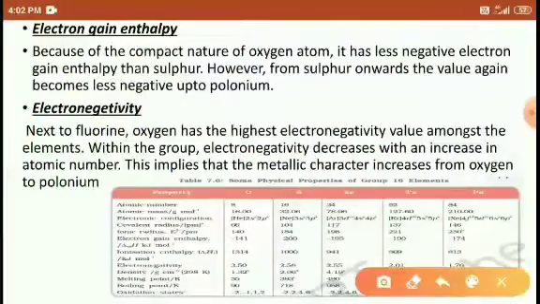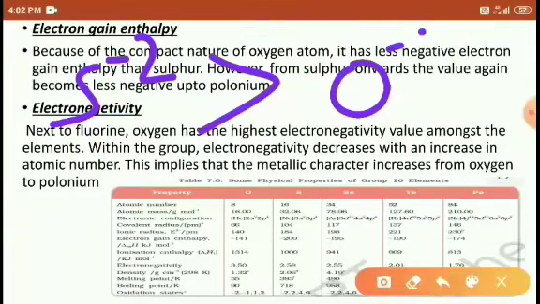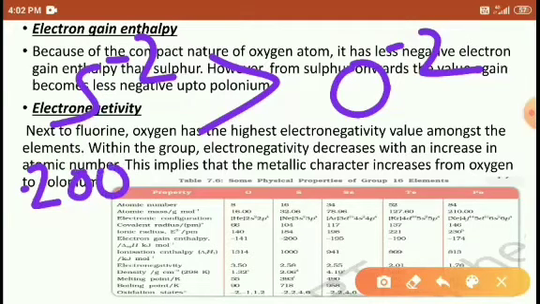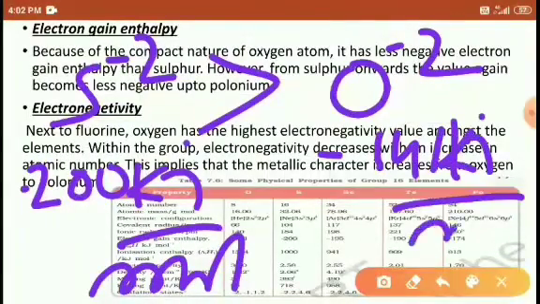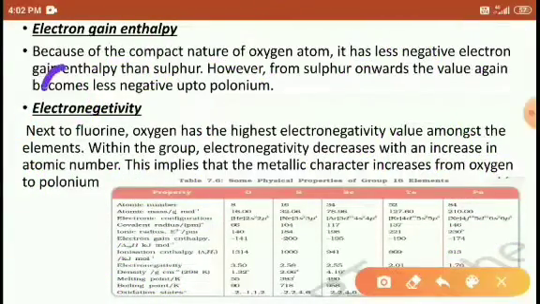So that's why sulfide, S2 minus, is more stable as compared to O2 minus, because it releases 200 kilojoule per mole of energy, while oxide releases 141 kilojoule per mole. The species which releases higher energy is more stable, and the species which releases less energy is less stable. Right, students? So once again I will tell you, this is the oxygen atom.